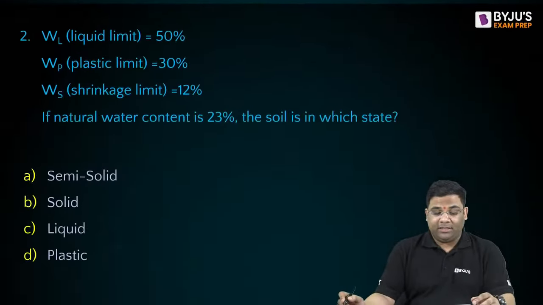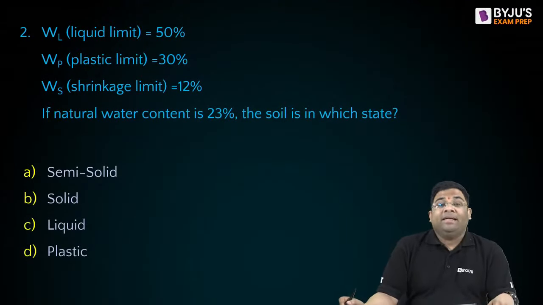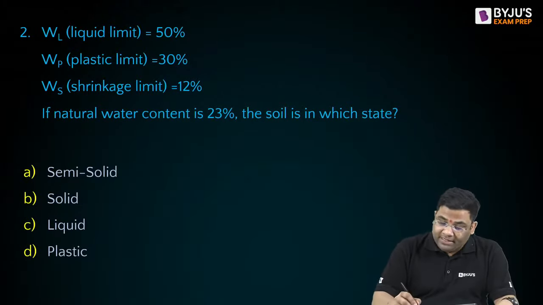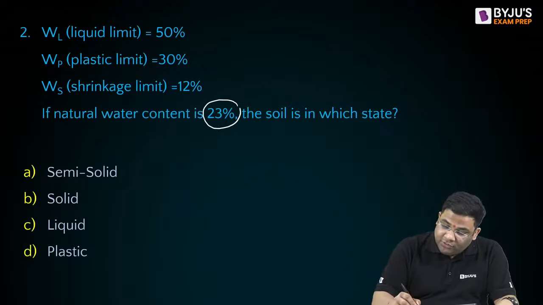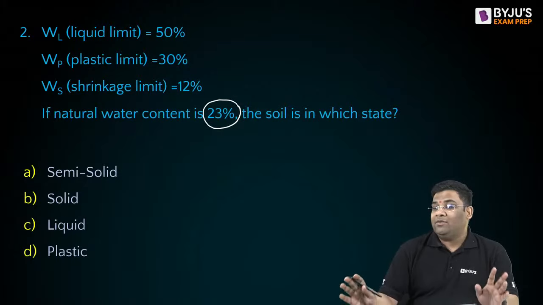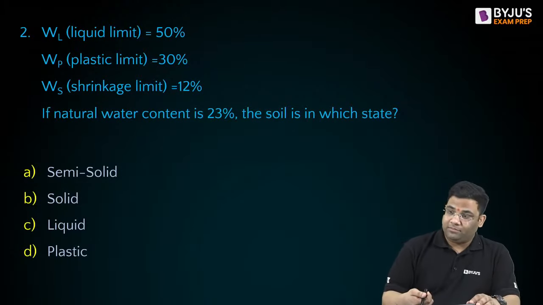The second question. Liquid limit is given, plastic limit is given, shrinkage limit is given, and the natural water content is given, and they have asked in which state the soil is.